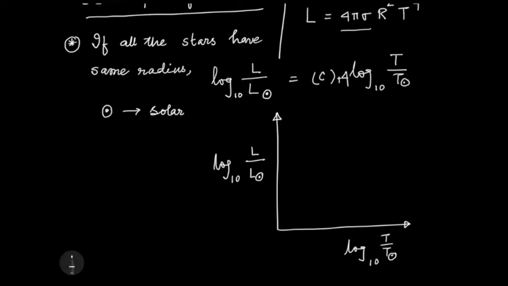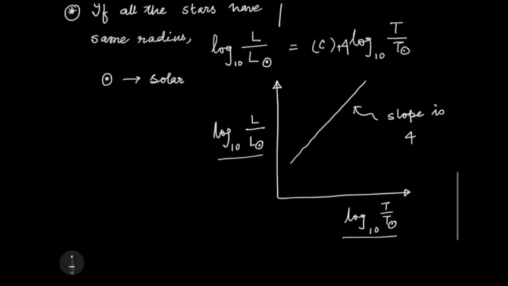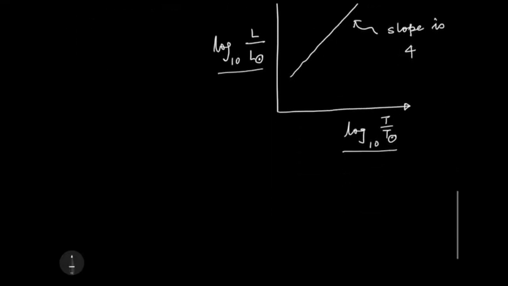I will get a line, all the points will lie on this line. Slope of this line is 4. Because I'm plotting the log quantities, this expression is like y equals m x plus c, which is 4 x, where x is log T by T sun, plus c. So this will be just a straight line. So this is one case.